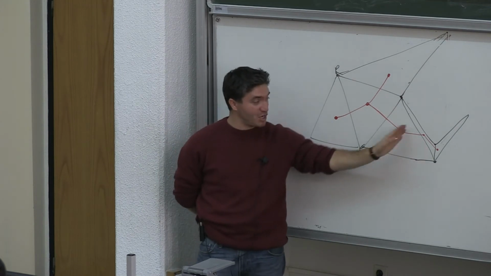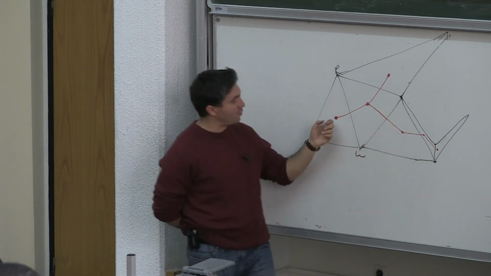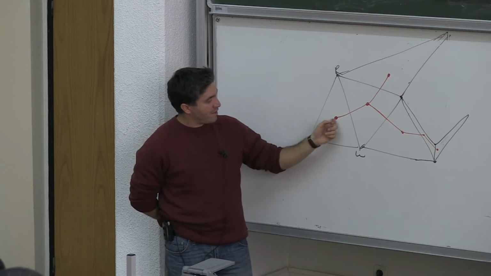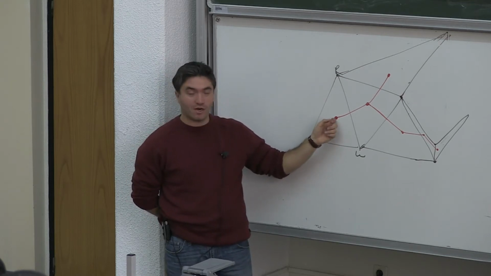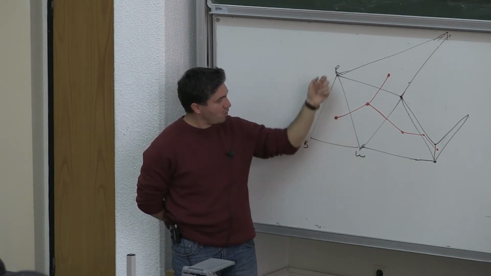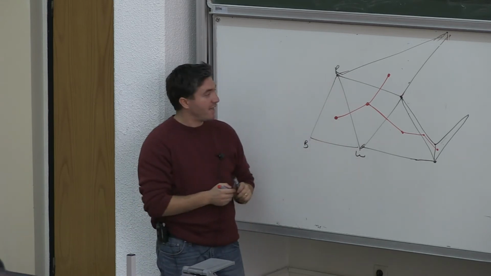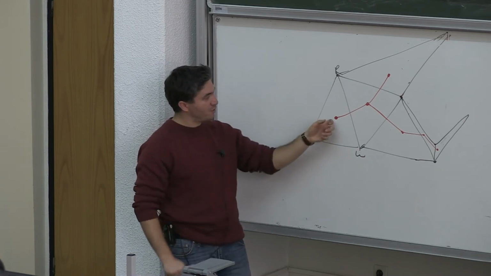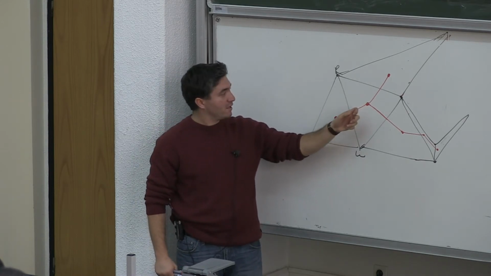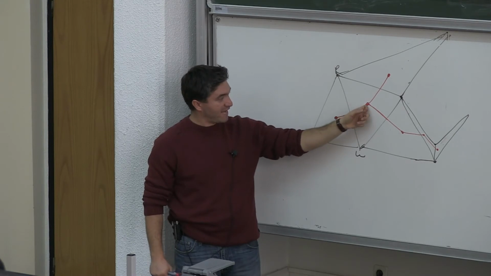You start with any node on this graph, for example this one or this one. When you start with this node, you color its vertices with different colors: black, white, red.